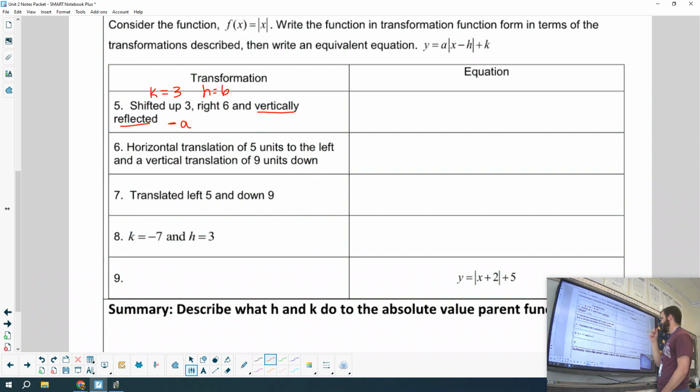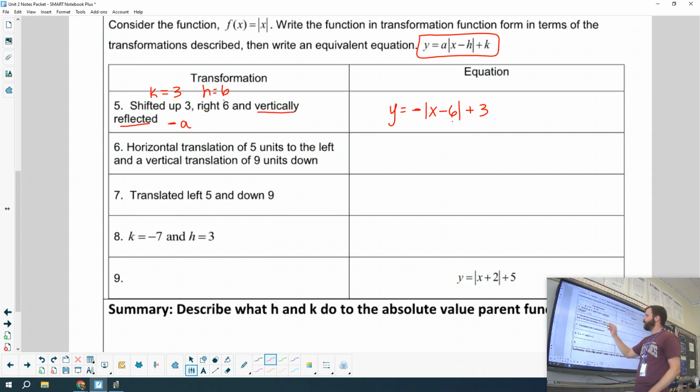So you have a -a. So if I were to write this out, I would go y equals, and remember, we're following along with this. We're going to plug it in. So I need a negative in front because we have a negative in front of the a. Then we're going to go absolute value of x minus 6. Notice how it's backwards. It was a +6 there. Now it's a -6. And then plus 3 on the end.